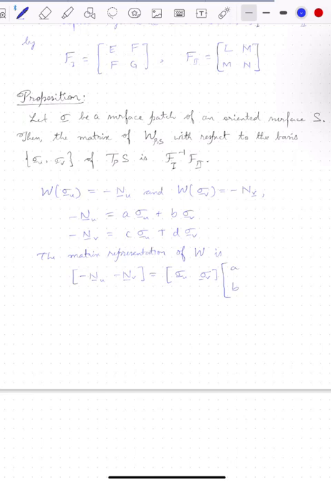So that's how we obtain nu. Nu is equal to a sigma u plus b sigma v. Likewise, minus nv is equal to c sigma u plus d sigma v. So this is the matrix representation of W, the matrix form of W.